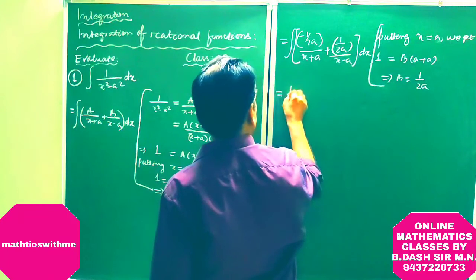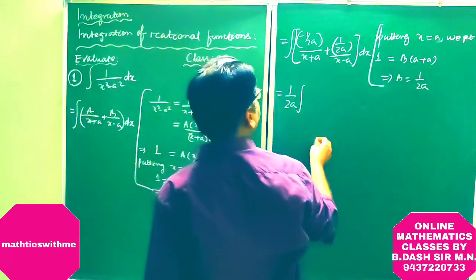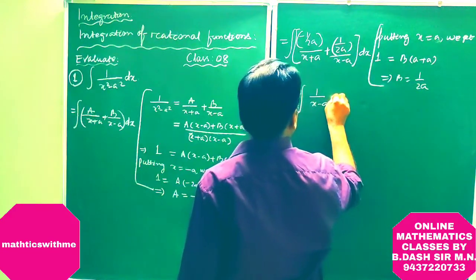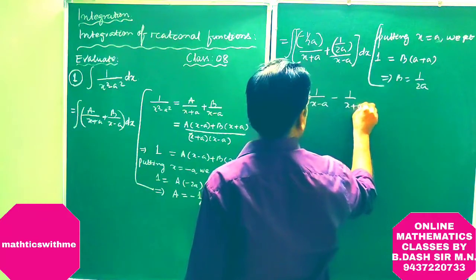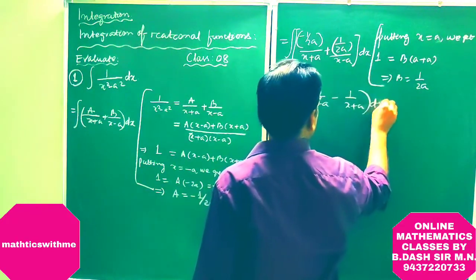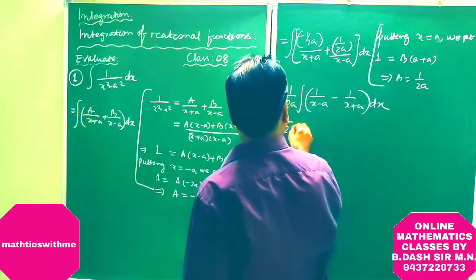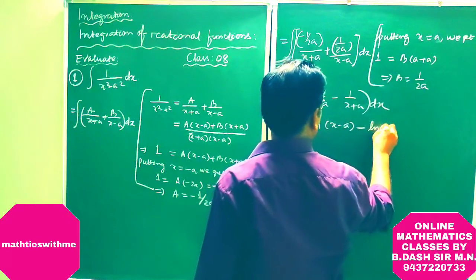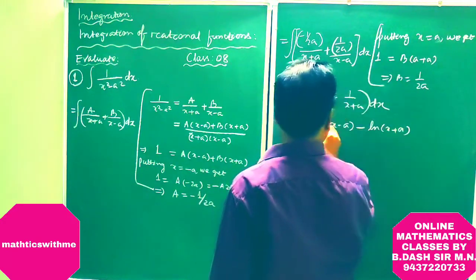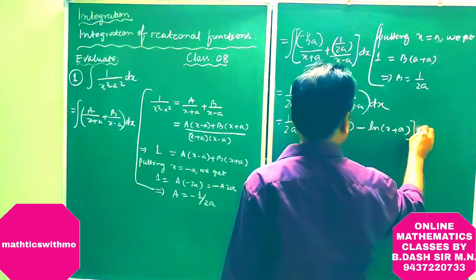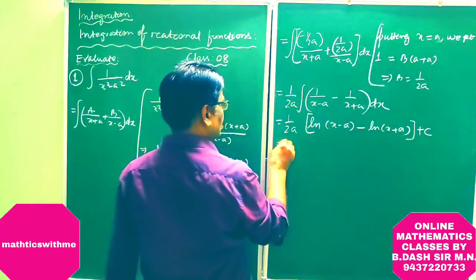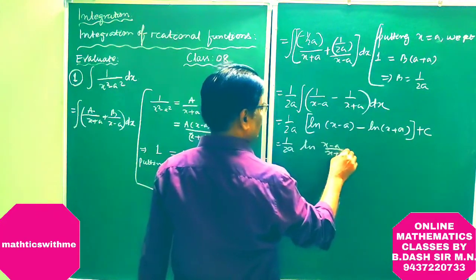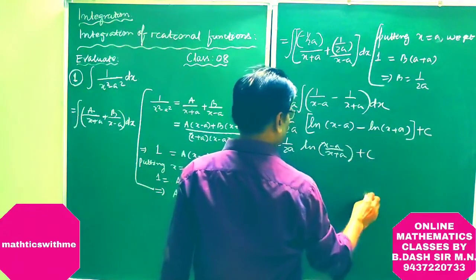So this is equal to 1 by 2a times the integral of 1 by x minus a minus 1 by x plus a dx. This is equal to 1 by 2a times ln of x minus a minus ln of x plus a plus c. This is equal to 1 by 2a ln of x minus a by x plus a plus c.